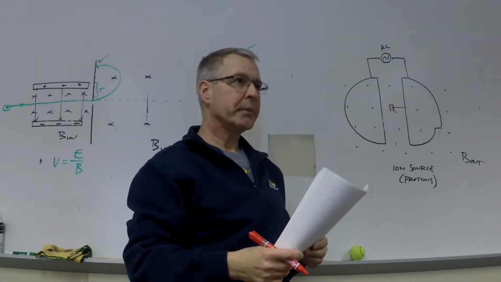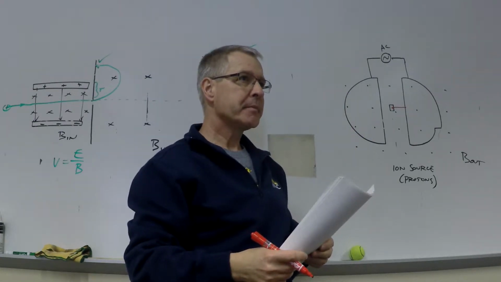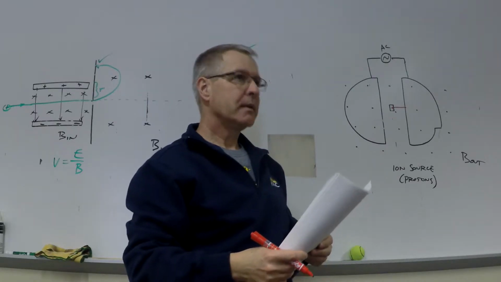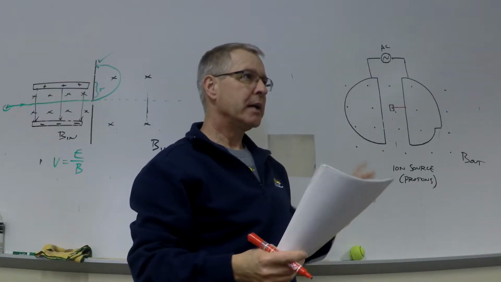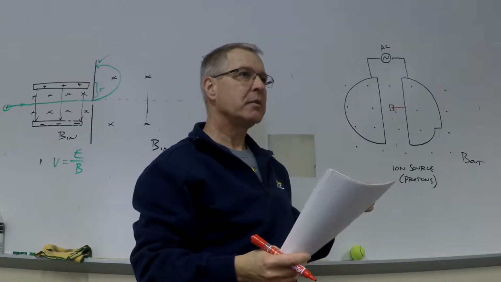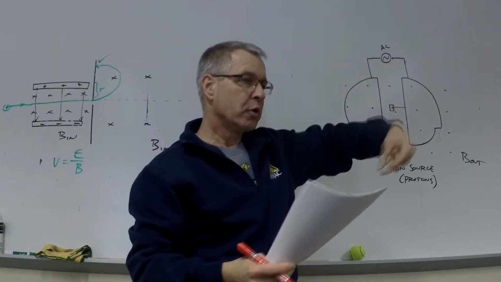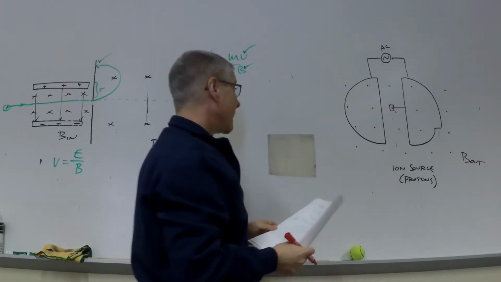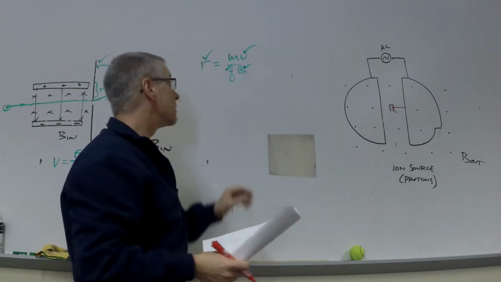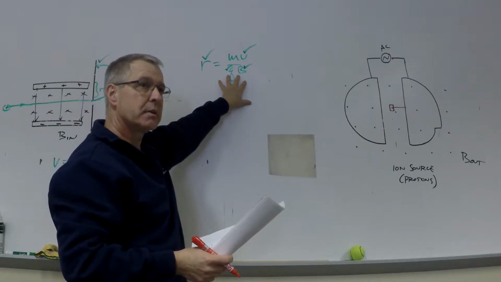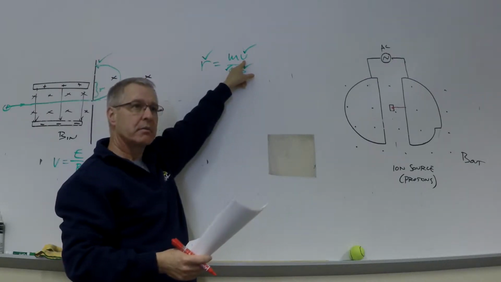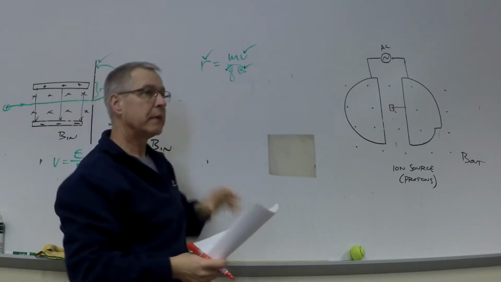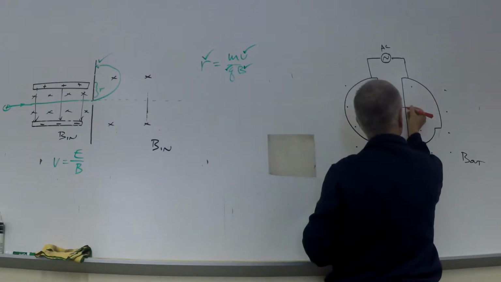So now what does it do? So what kind of path does it take? Initially it gets deflected down, but what does that do pathwise? Curls around like this, right? And what's going to determine the radius of that path? These things. It's not moving very fast though. So kind of a small radius. So it comes around like this.